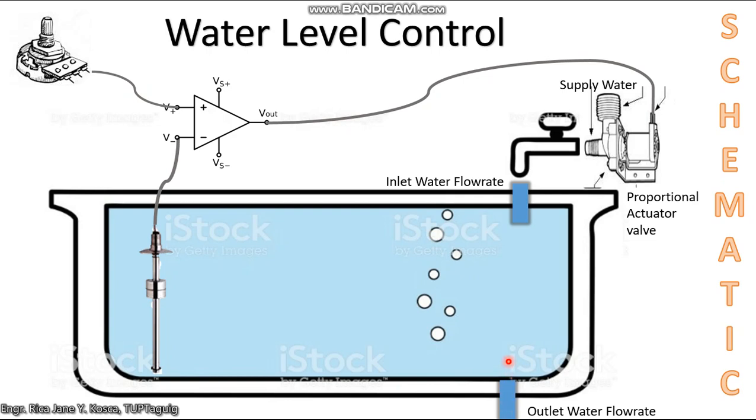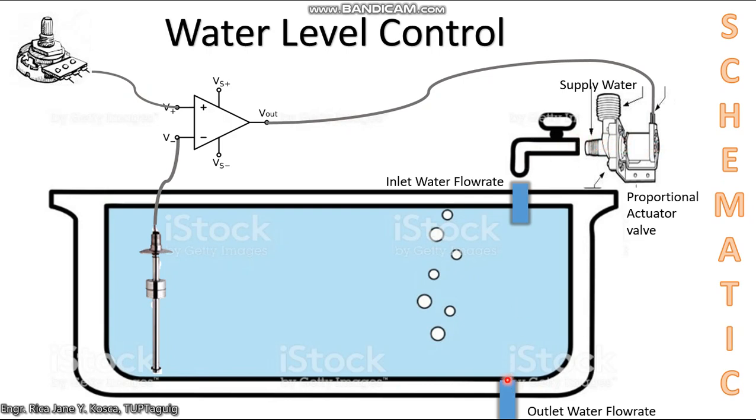flow rate, no? So it has something to do with the diameter of the drain pipe, because this drain pipe is fixed, no? The diameter is fixed, and the inlet is also fixed, but we can control the flow rate by varying the percent opening of this valve.